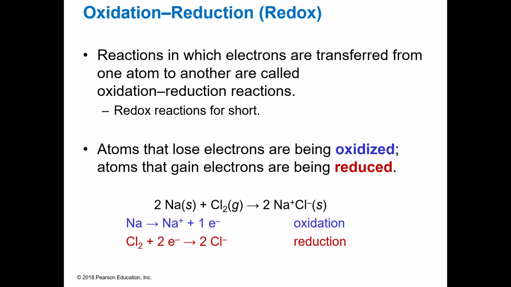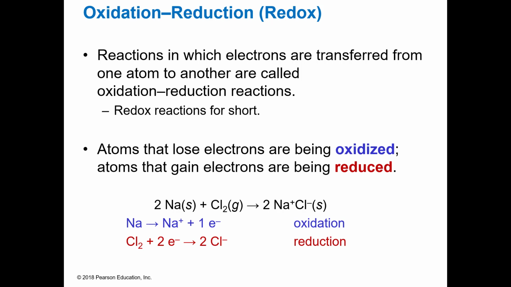The first rule you should remember is that the oxidation number for sodium, a pure element in its standard state, is 0, and the oxidation number for chlorine, which is normally diatomic, in its standard state, which is a gas at 25 degrees Celsius, also has an oxidation number of 0.